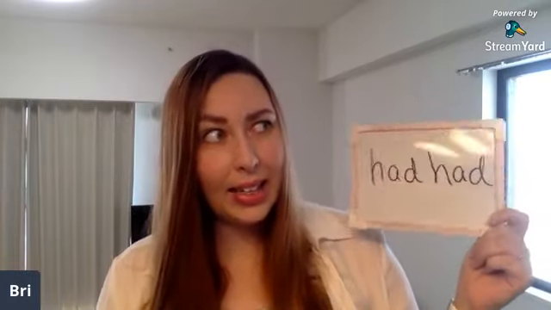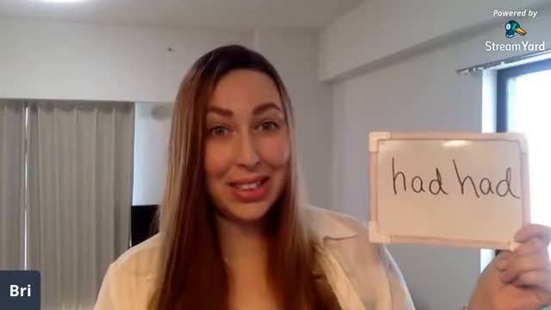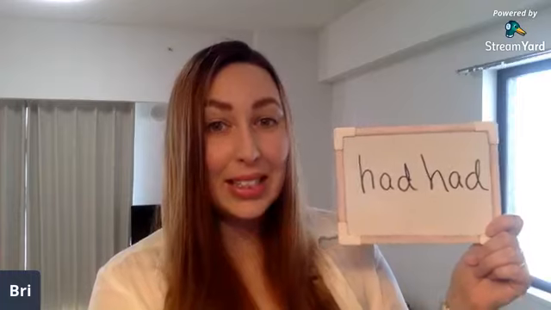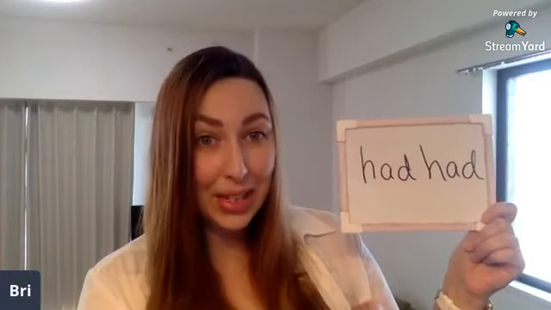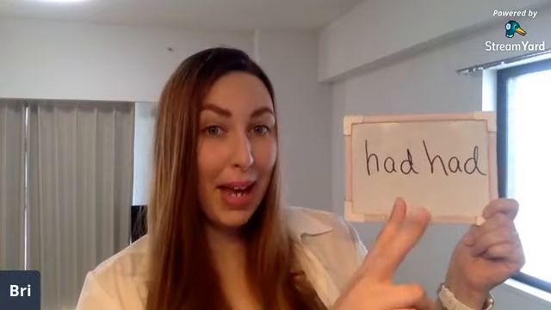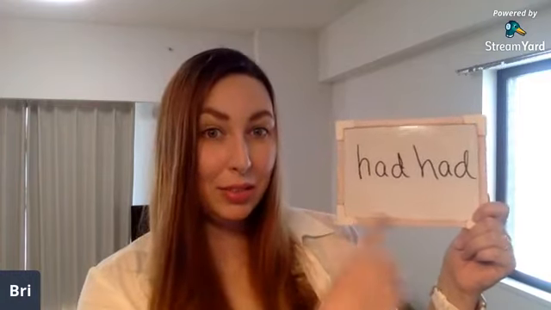I had a bad day when my sister called and told me her dog died. Oh, it's even worse now. So had means before something else in the past. So there's 2 events in the past and one happened first. Okay. Let's look at another question.